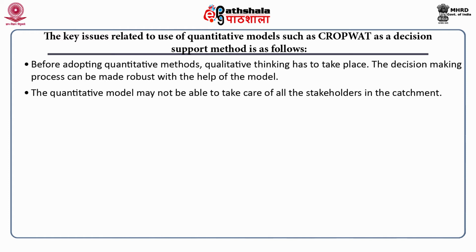The quantitative model may not be able to take care of the stakeholders in the catchment in that sense; the qualitative answer is why sugarcane? Because it is a cash crop, because it is a crop on which the farmers are heavily dependent for their generation of income. So those are things which will not come from the software results, as in the CropWat results.